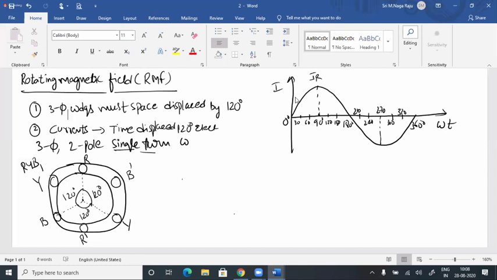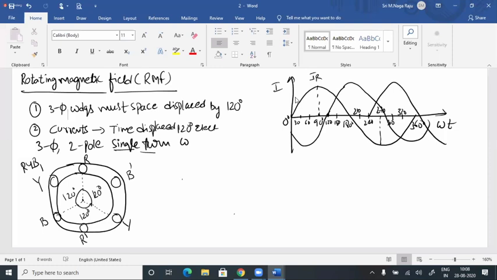Now, R phase current started at 0 degrees and the Y phase current starts after 120. That is at 120, Y phase current will start. From this, again at 240, after 120 degrees from phase Y, B phase current will start.